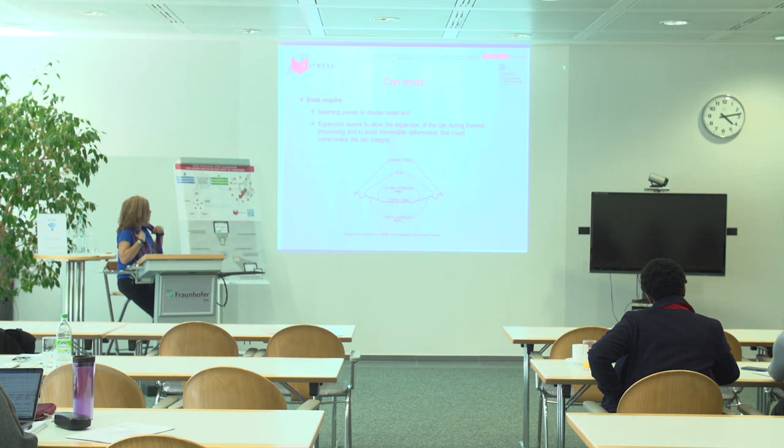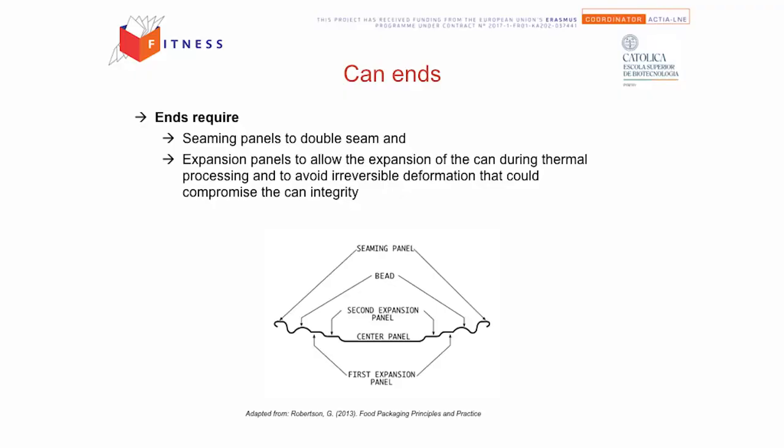And we need to allow for some expansion rings to avoid irreversible deformation that could compromise the can integrity. This is why the ends do have these expansion panels.